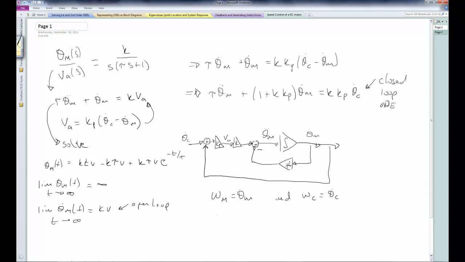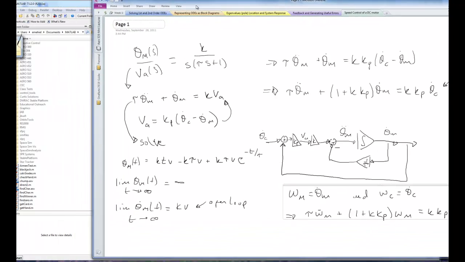Make this substitution, I end up with tau times omega m dot plus 1 plus k kp omega m is equal to k kp omega c. So I'm going to go ahead and solve this first order differential equation in MATLAB.